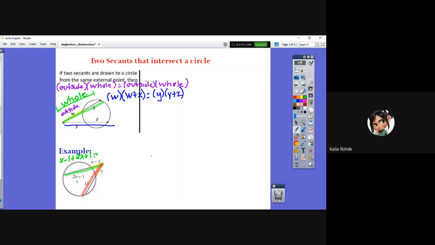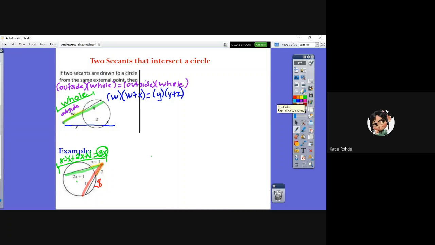And the minus 1 and the plus 1 actually become 0. So I have x plus 2x. My whole thing here is just 3x. And my whole thing down here is 18. So that is my first step I like to do, is set up what those values are. So that whole thing there is 3x.